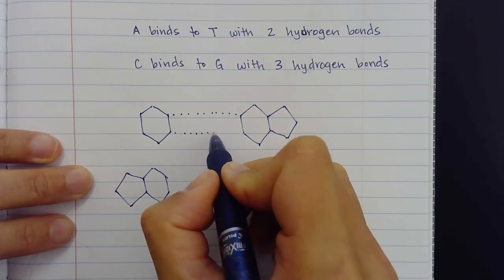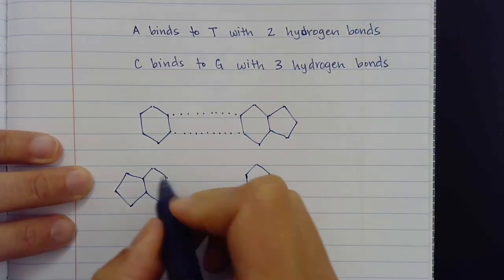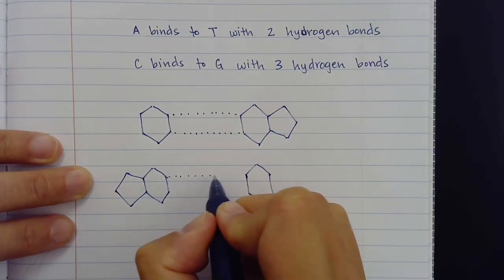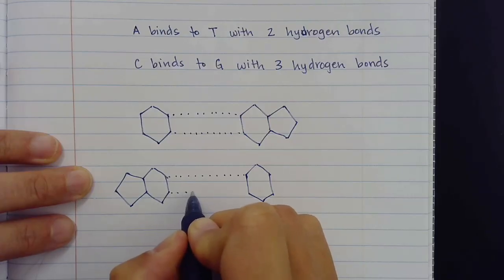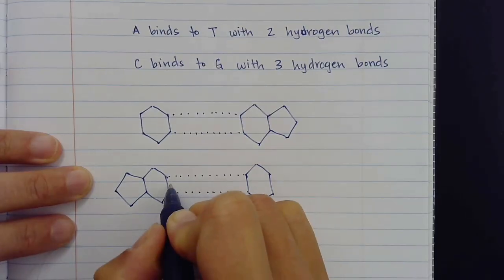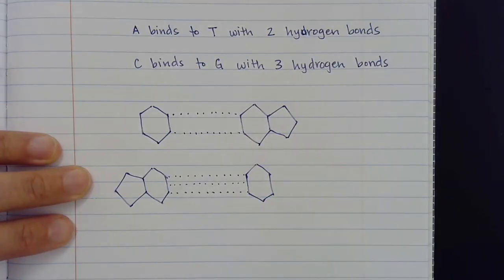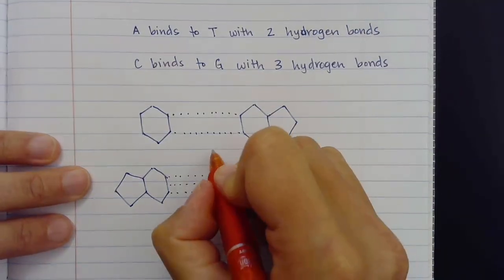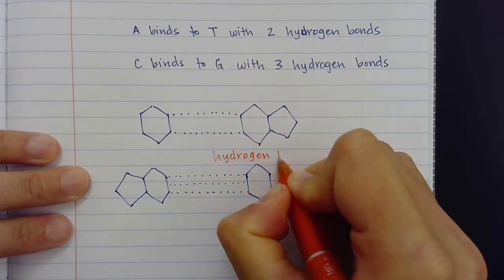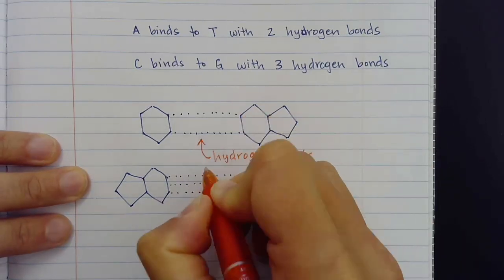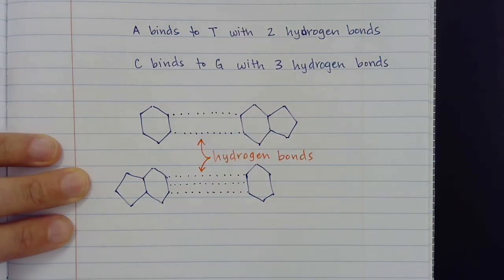If I put 2 hydrogen bonds here and I put 3 hydrogen bonds here, can you figure out which ring shape is which? So those are my hydrogen bonds.